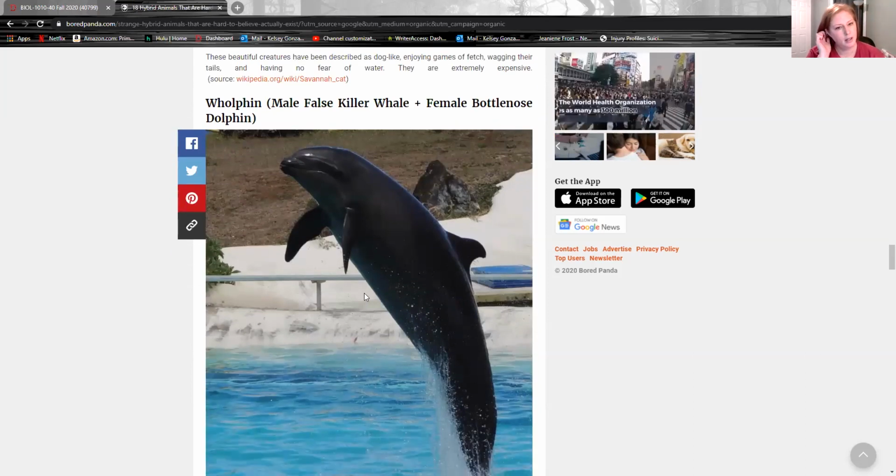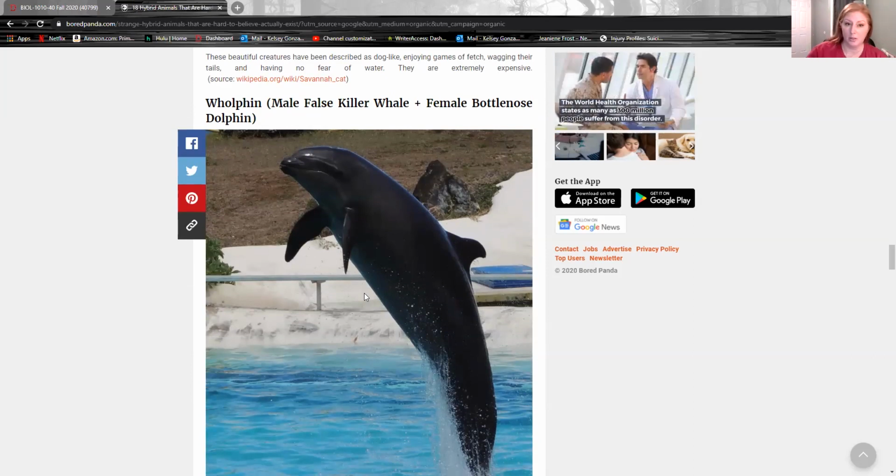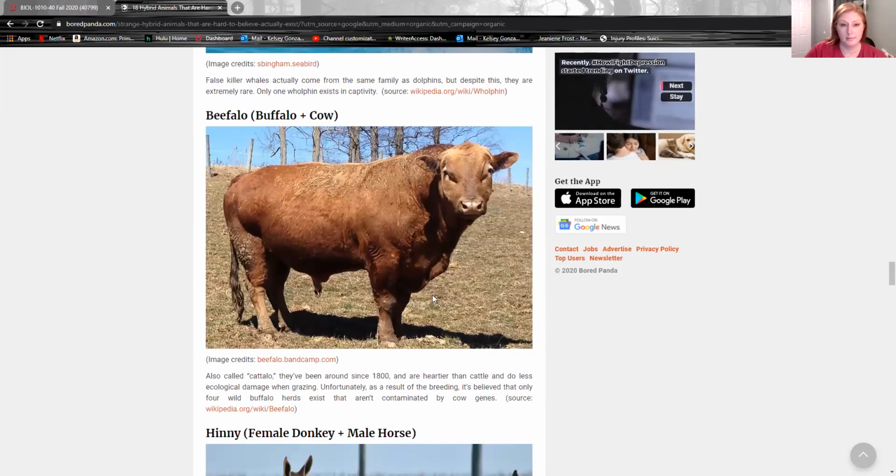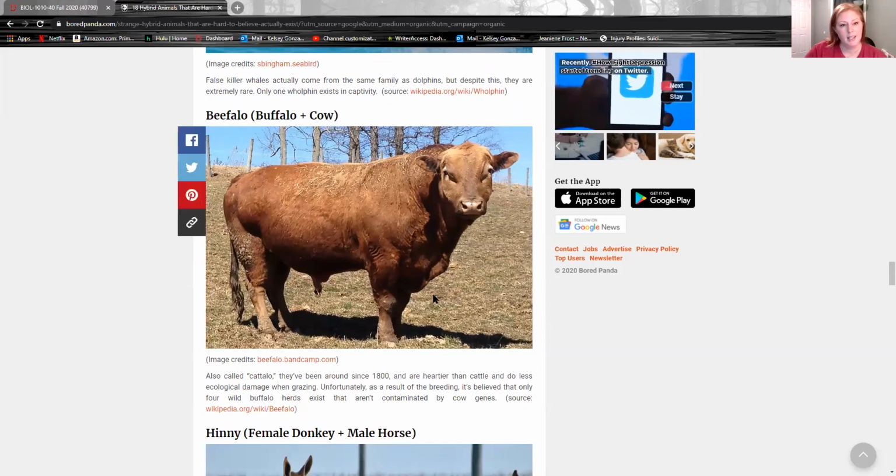A wolfen. A false killer whale, male, and a female bottlenose will give you this combination called a wolfen. Beefalo, self-explanatory. It is a buffalo with a cow. There you go.